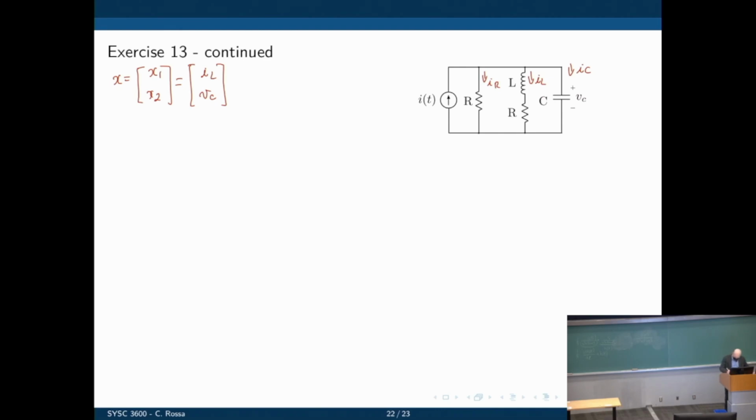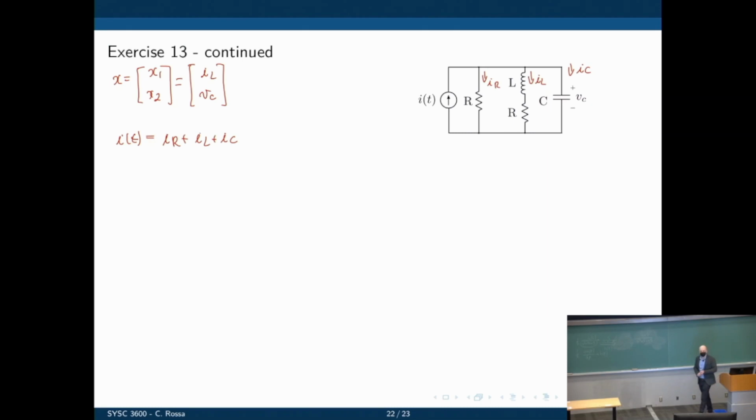So we could write the sum of all currents, I of t equals IR plus IL plus IC. The reason for this equation is that we have IC, and that relates to the derivative of the voltage across the capacitor. But IR is not a state variable, so we need to get rid of it.